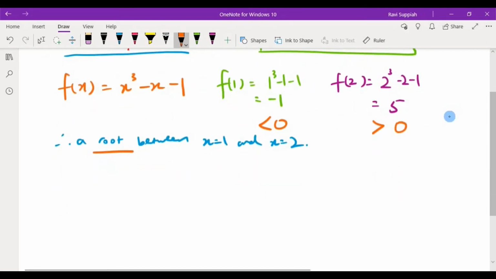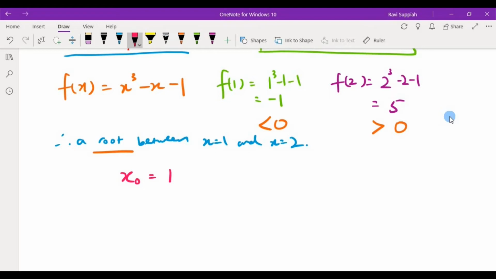That is the first step: we need to come up with a starting point where we know that there is a crossover going to happen. We do not know exactly where it is, but we know there is a crossover from x equals 1 till x equals 2. So we can start off with x0 equals 1.